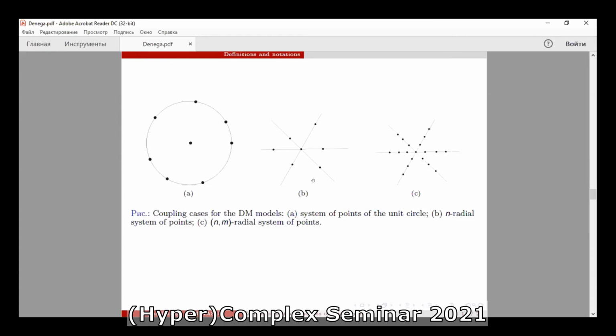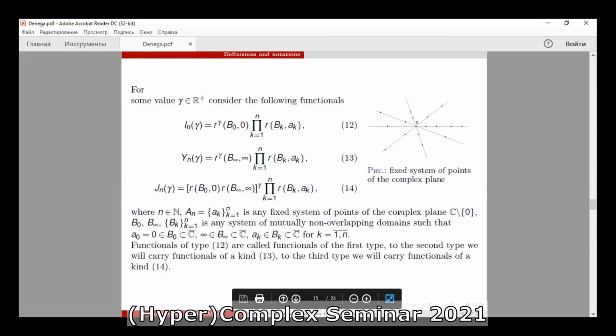And we considered an m-radial system of points, when we have n rays and each ray has m points, picture C. In this work, we consider any fixed system of points of the complex plane.